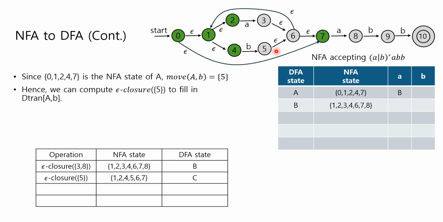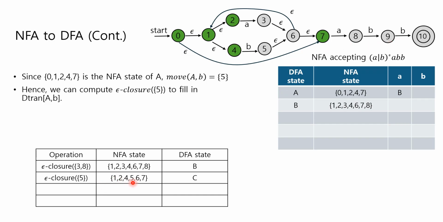State 6 is included in the result set of the epsilon closure of 5 because you can reach it from state 5 on an epsilon transition alone, and state 7 you can reach from state 5 through 5 to 6 to 7. State 8, no, you cannot reach state 8 from state 5 on epsilon transitions alone, and states 9 and 10 are not reachable either. We have to go through a b transition to reach them.